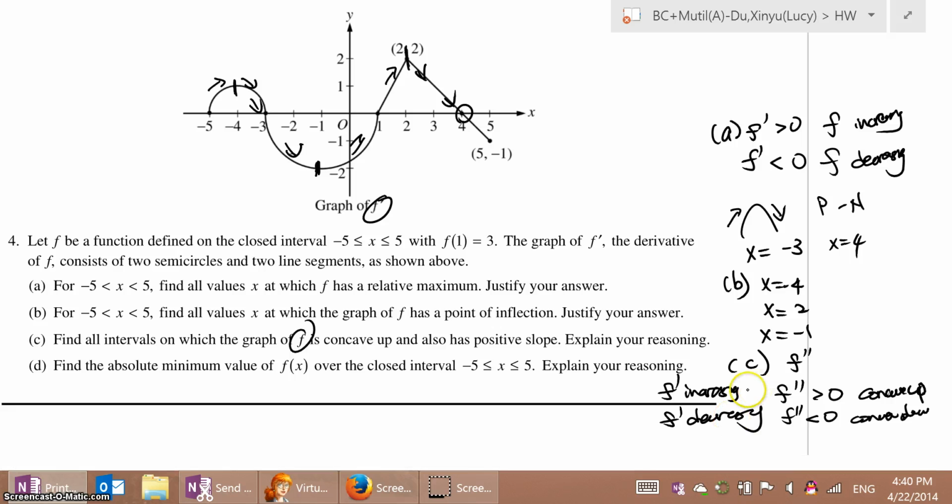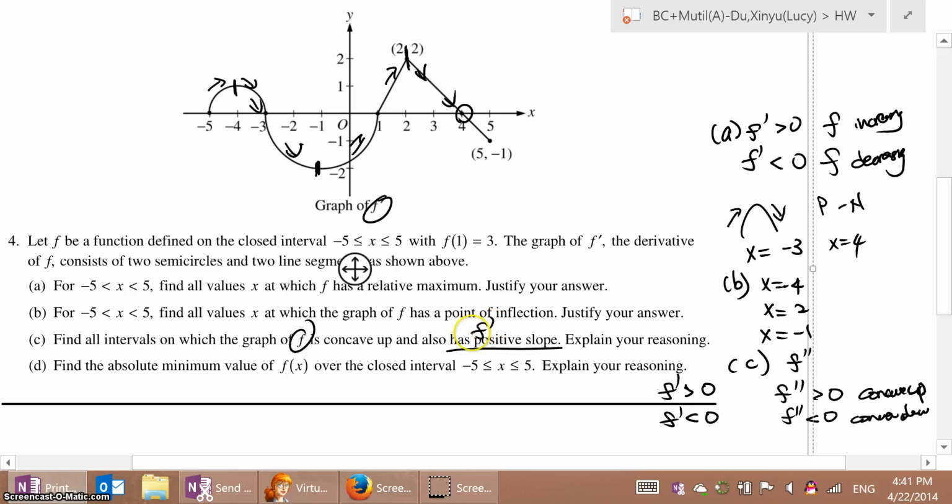So be careful, I just made a mistake. If the second derivative is greater than 0, it means concave up and f prime is increasing, otherwise f prime is decreasing. And when the graph of f has a positive slope, that means f prime is greater than 0.